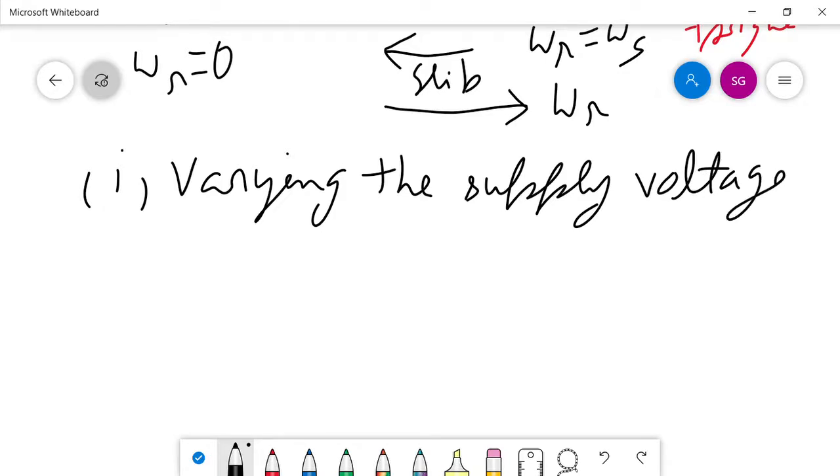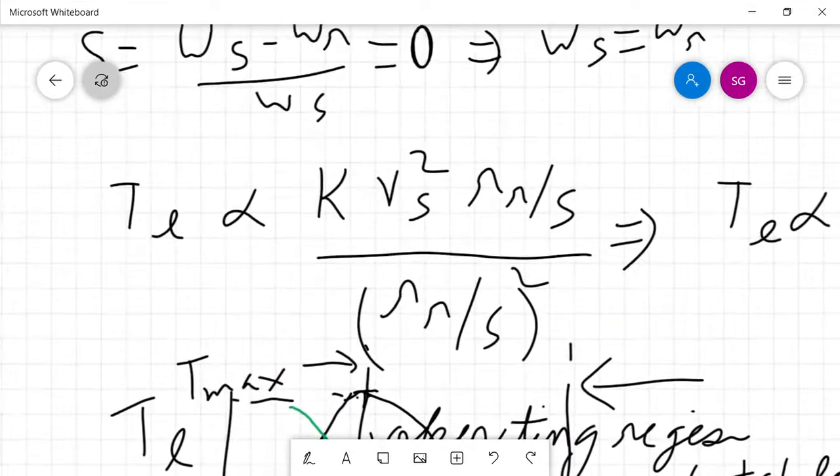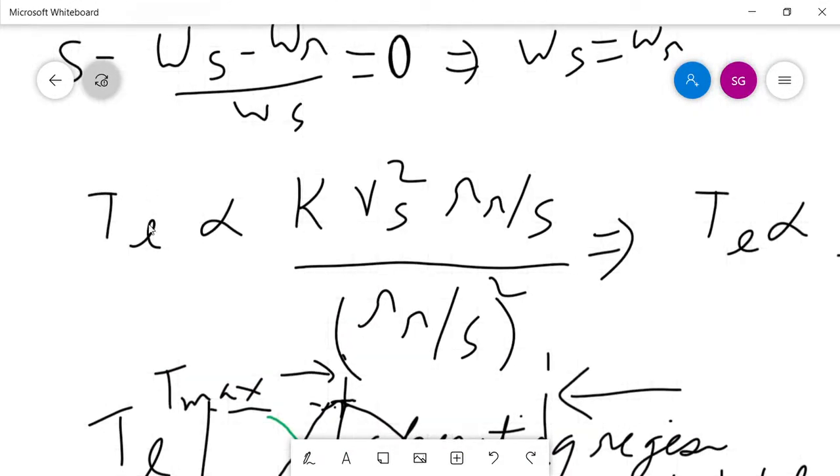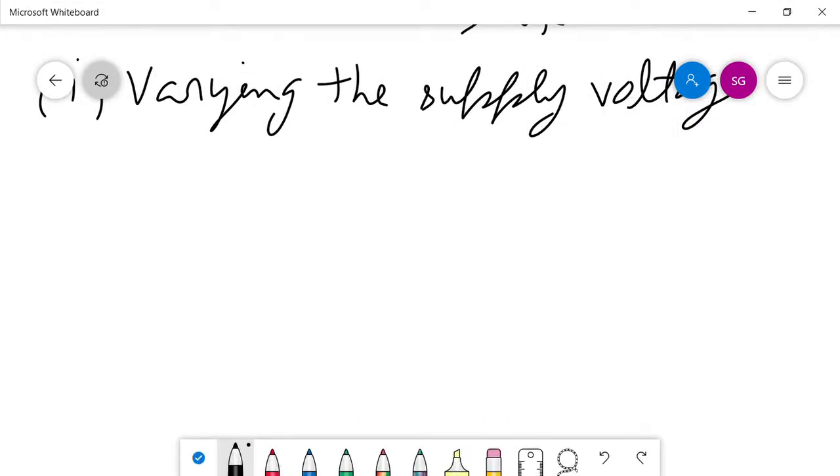So how does this affect? So as per torque equation, we can see that our torque is proportional to the square of this supply voltage. So we will use that phenomenon. So our electromagnetic torque is directly proportional to Vs square.